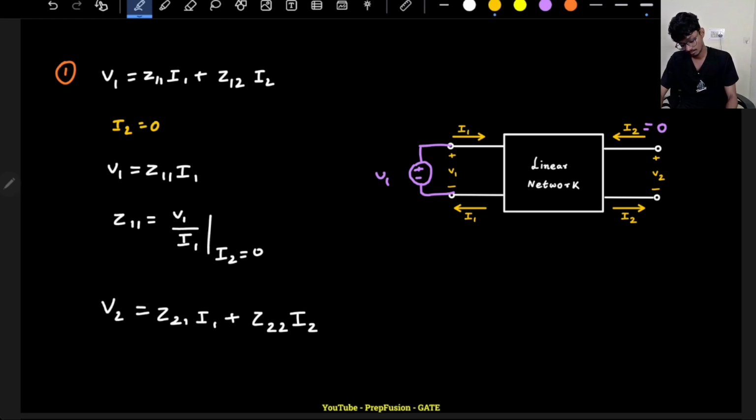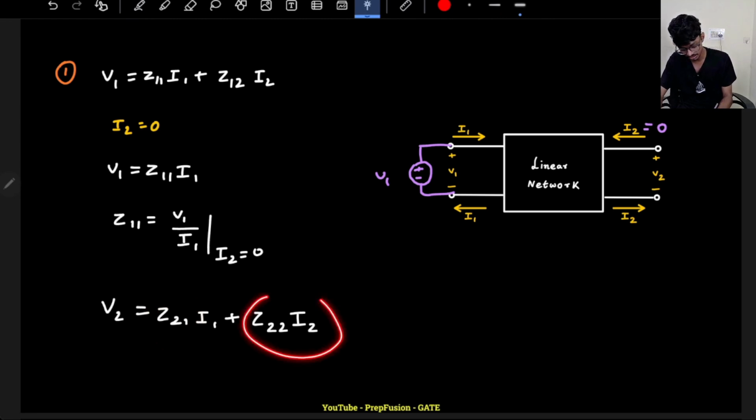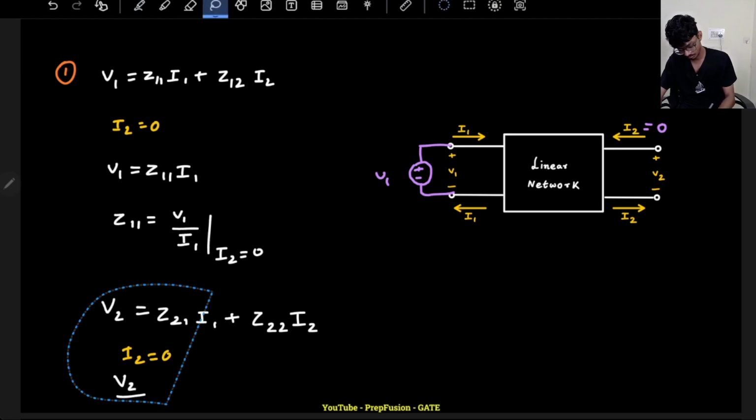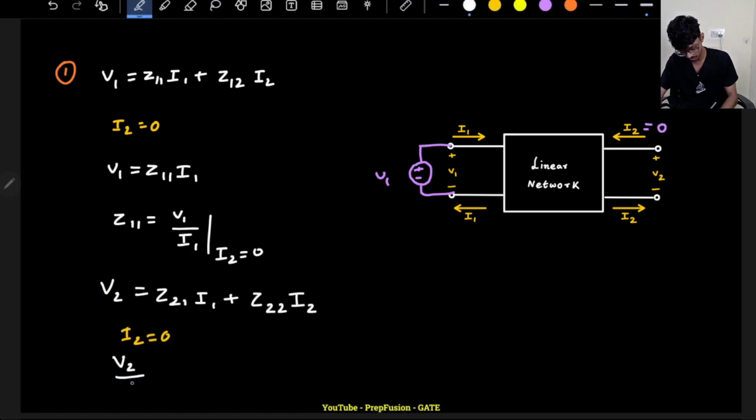Again I want to find Z21. So what do I need to do? I need to make this somehow 0, right? Then only I will be able to find Z21. So I will make I2 0. If I make I2 0, then V2 by I1 is equal to Z21.